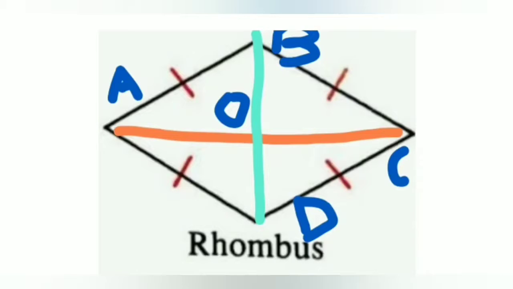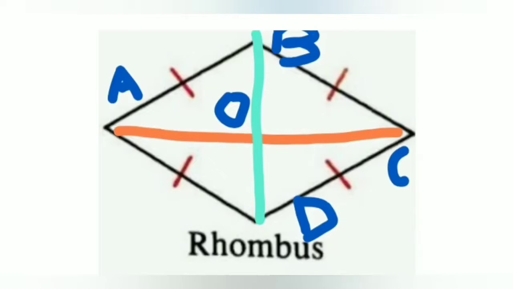So diagonals AC and BD of a rhombus are perpendicular bisectors of one another. Means angle AOD is equal to angle COD is equal to 90 degrees, same as angle AOB is equal to angle BOC is equal to 90 degrees.